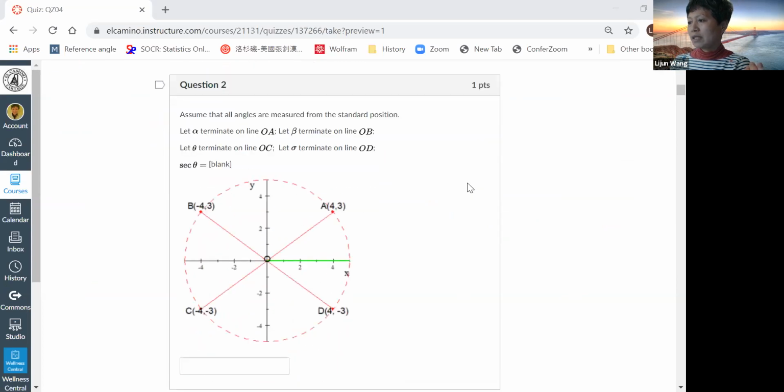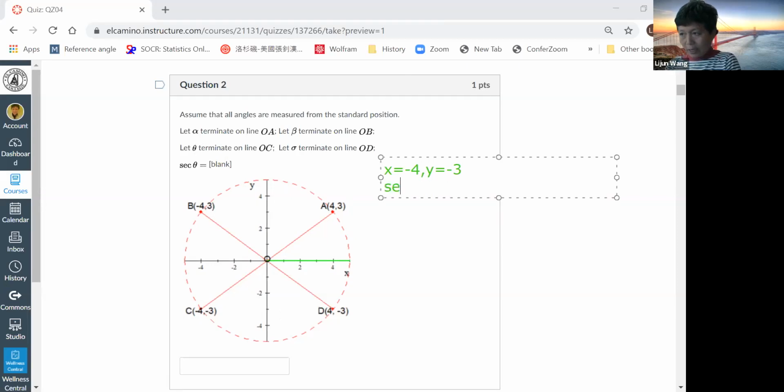Okay, so secant theta. This time is theta, right? Theta is terminal. So this time we're going to have some negative numbers. Listen up. This is the terminal. Terminal is theta. So what you have here is that this dot is a point on the terminal, right? By definition, you recognize X equals -4, Y equals -3.